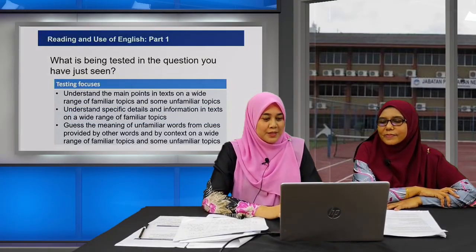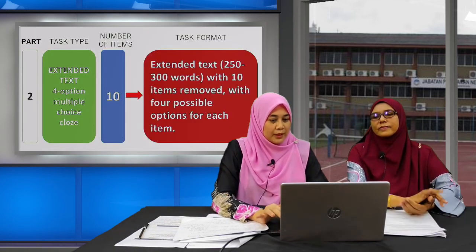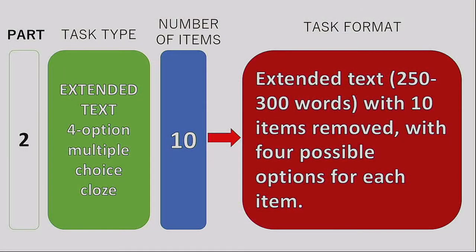Now I will proceed to the details about part 2. Part 2 task type is extended text with 4 option multiple choice. The previous part is only 3 options. The number of items, or number of questions, is 10.